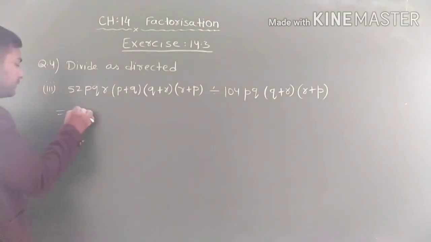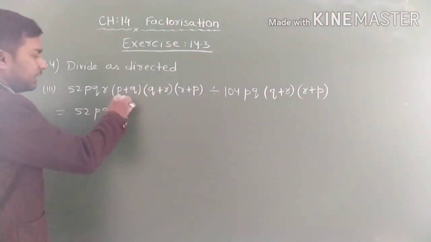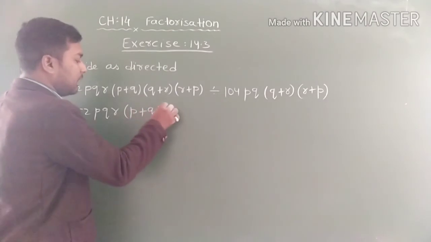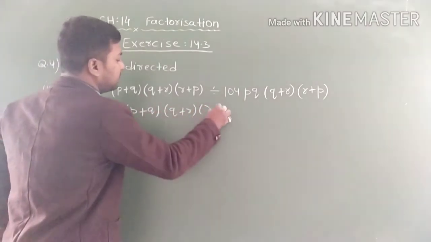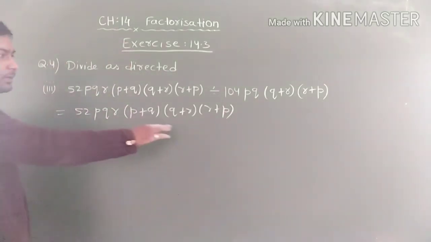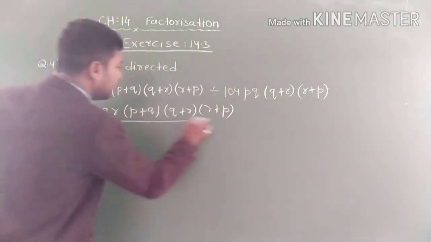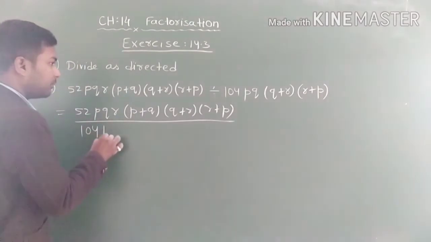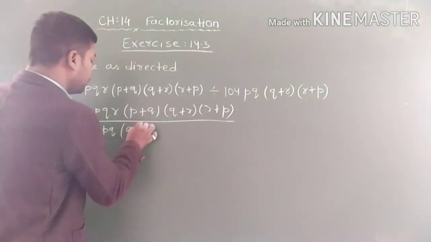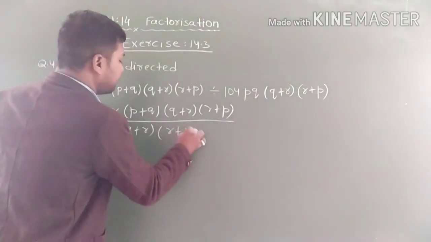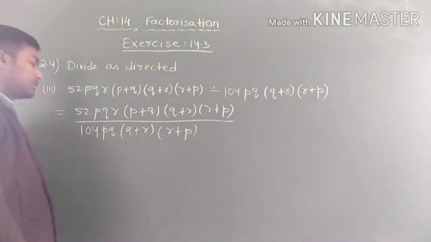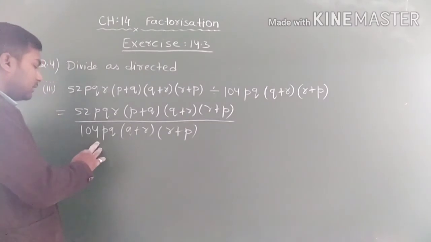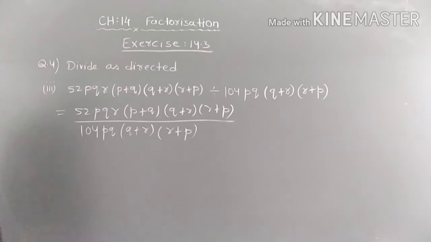So that is 52 PQR into P plus Q, Q plus R, and R plus P. This first term is divided by the second term, 104 PQ, Q plus R, and R plus P. Okay, so see here, we consider 52 and 104. 104 is the double of 52, so 52 twos are 104.